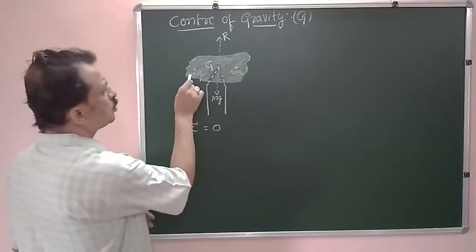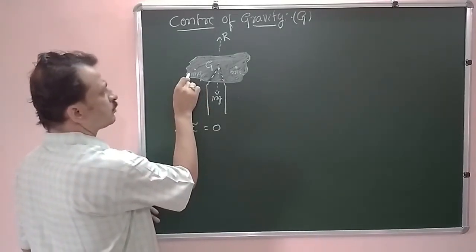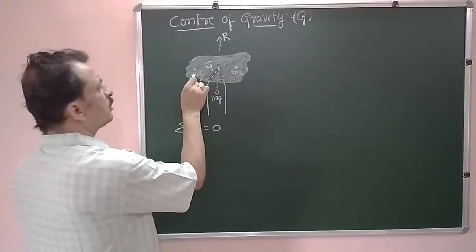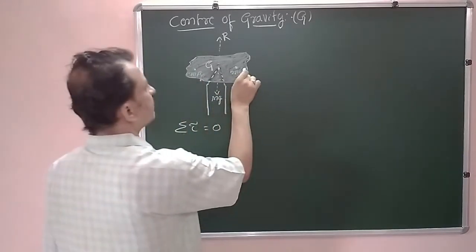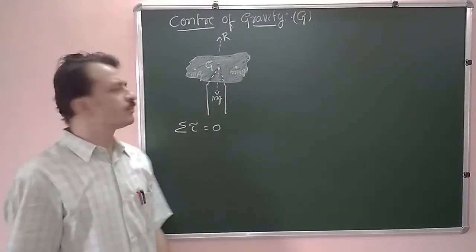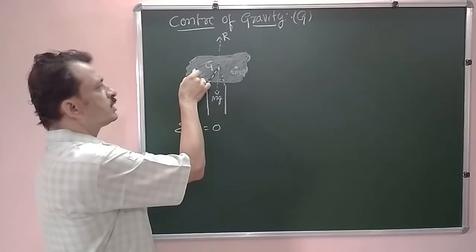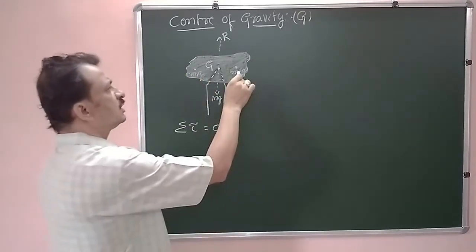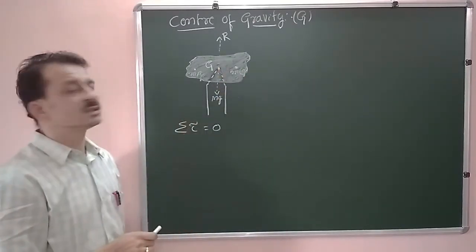Now let me consider two particles, m1 on one side and m2 on the other side. Therefore, the weight of m1, that is m1g, is acting downwards, and the weight of m2, that is m2g, is also acting downwards. The weight of m1 tends to rotate the cardboard in the anticlockwise direction, and the weight of m2 tends to rotate the cardboard in the clockwise direction.